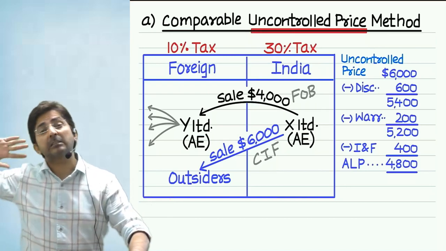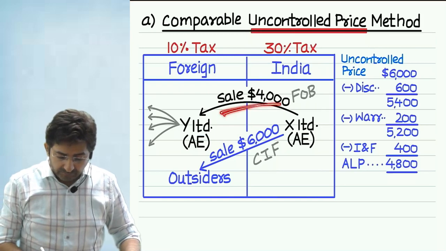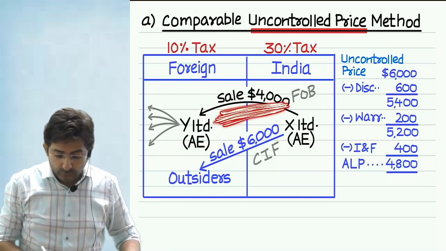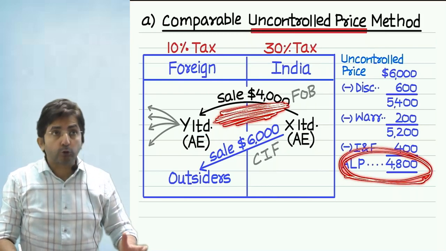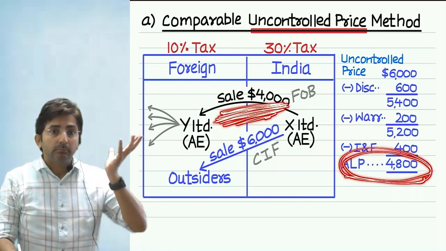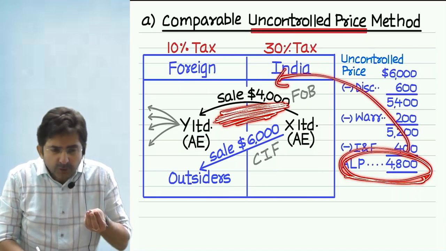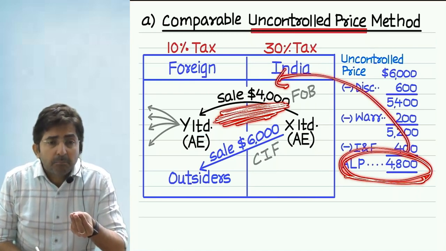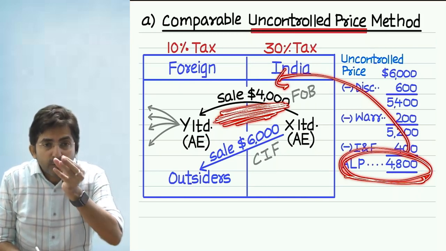Now we can slap the assessee. How? We will say, cheater, you are showing only 4,000, whereas the genuine price is 4,800. You are showing less. How much less? 800. So the element of cheating is 800.